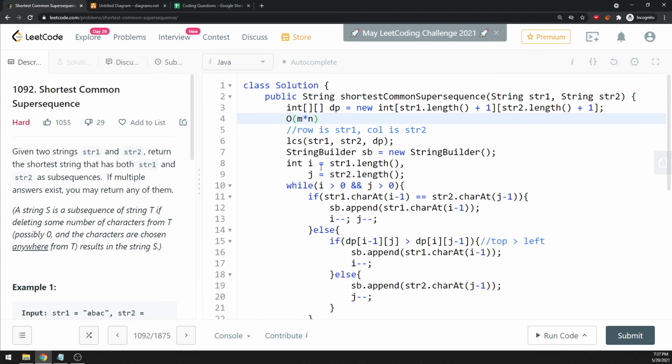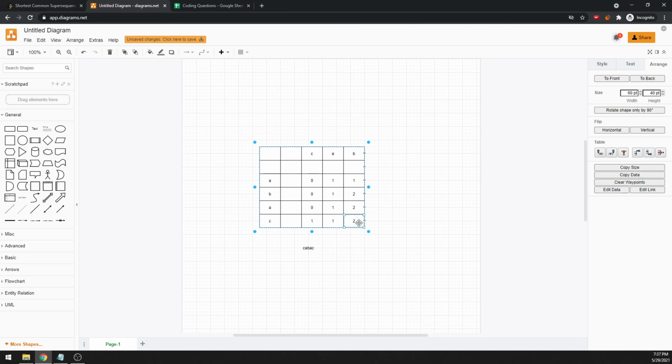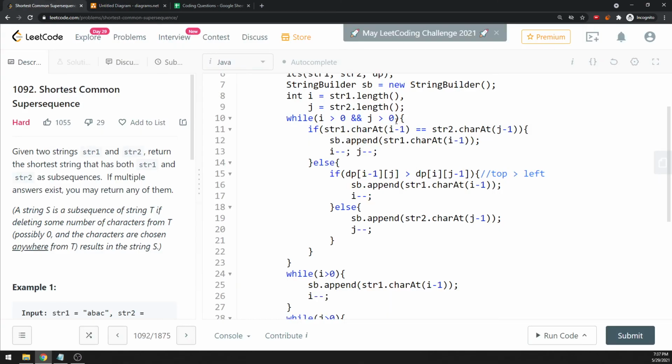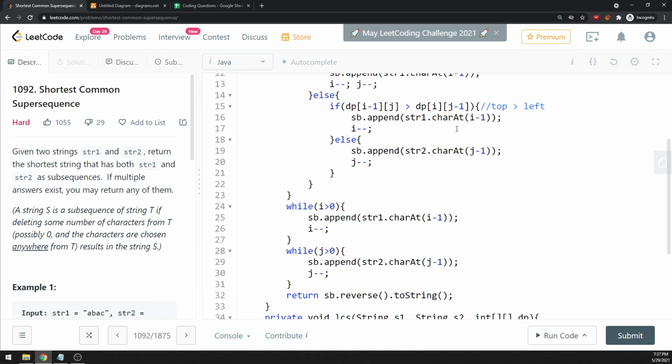Now for the time, it's O of m times n because you are actually traversing the table from here to here. So it's the worst case of m times n. So O of m times n would be your worst case, and the solution is much it. And sorry for the typos, and let's keep rocking.